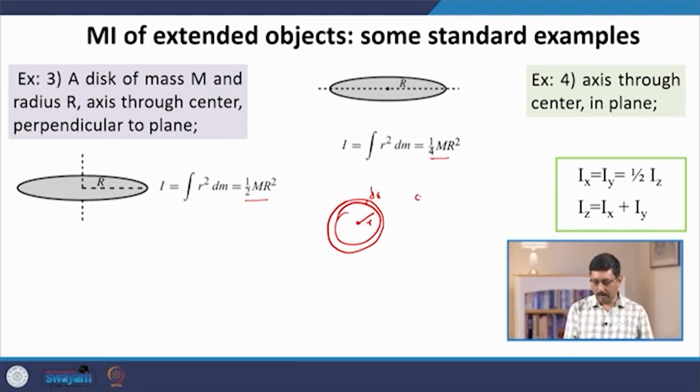Now, if r varies from 0 to capital R, then we generate this disk of mass distribution, and let us say that we are going to calculate the moment of inertia about the z axis, which is perpendicular to this plane.